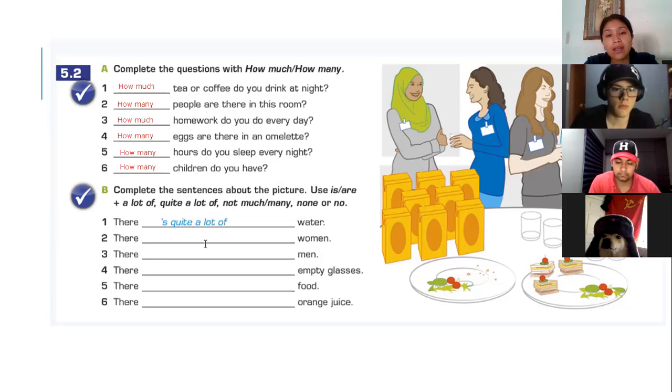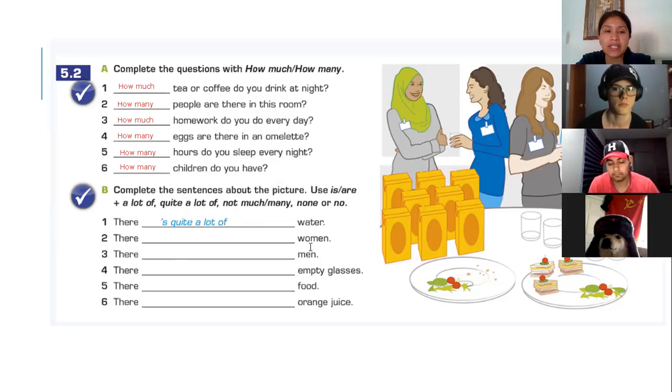Entonces, si es uncountable, I'm gonna add is. There is quite a lot of water. Remember, with uncountable, I'm gonna use is. And with countable, for plural, I will have to use are, right?